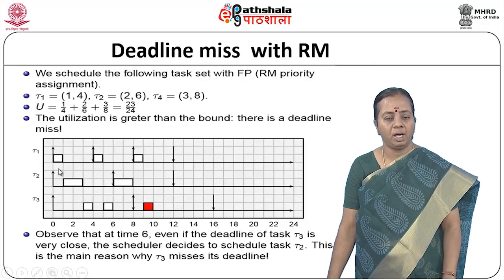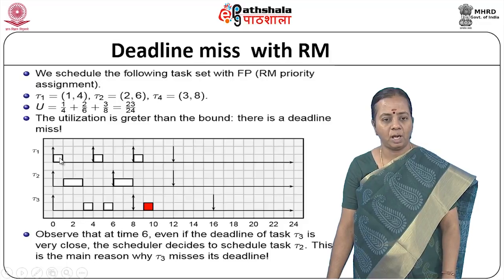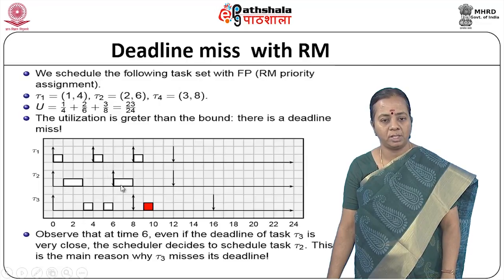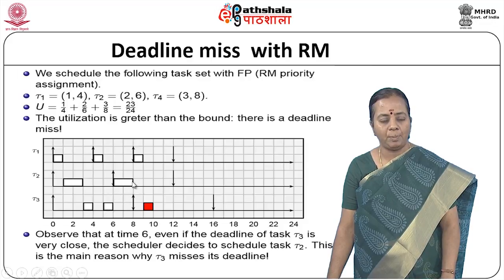But when you schedule it with RMS, because T1 is given the topmost priority, each and every time its period starts, it gets executed, and the next priority is T2, so each time T1 is over, T2 gets executed. Because the next period is here, it has been scheduled here and here, and this keeps happening.